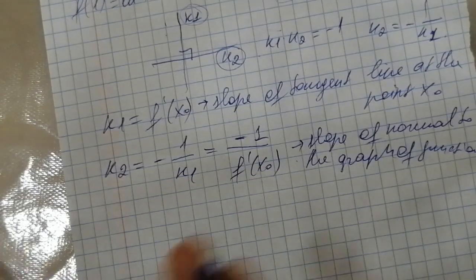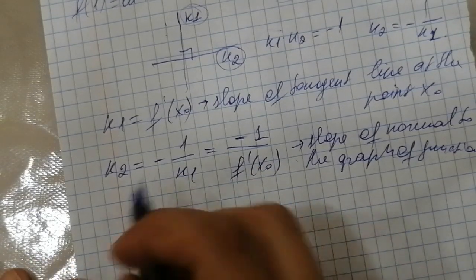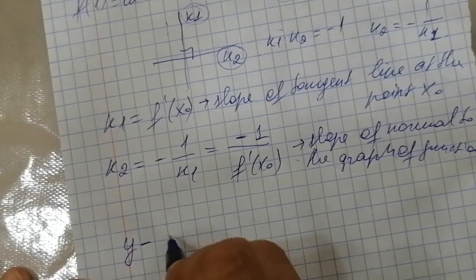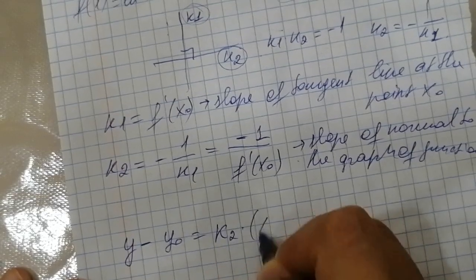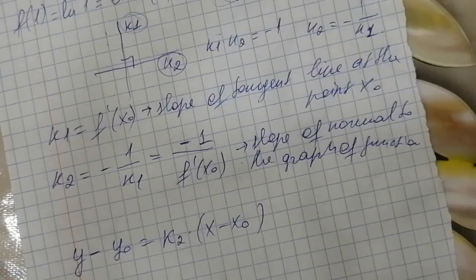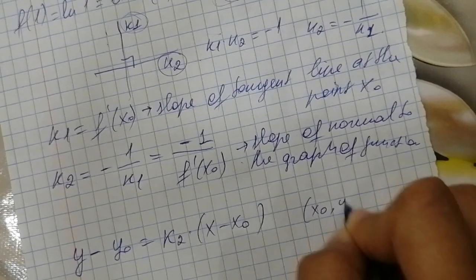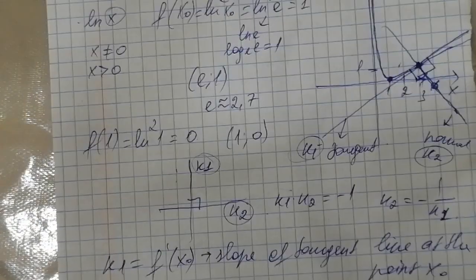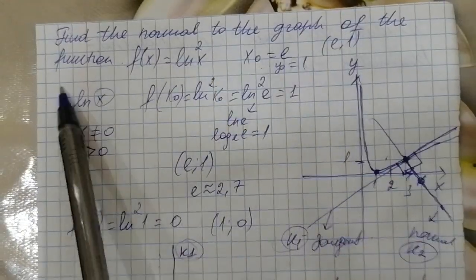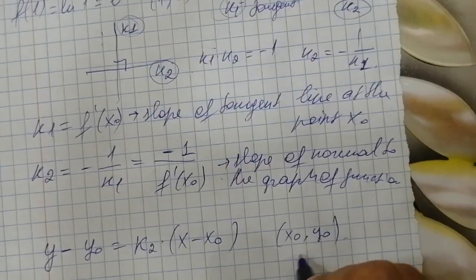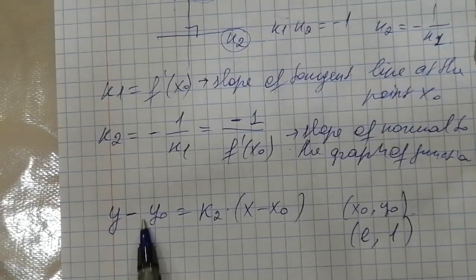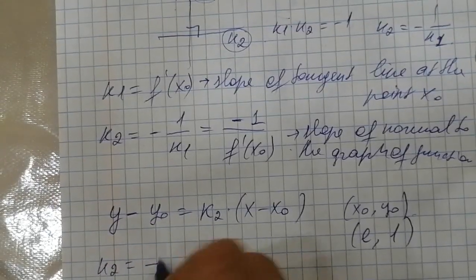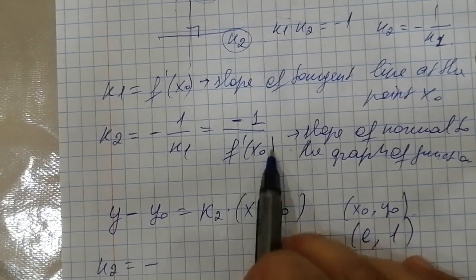We're going to use this formula: y minus y0 is equal to k2 times x minus x0. Here (x0, y0) is the point at which we have to find the normal to the graph of the function. We see that x0 is equal to e and y0 is equal to 1, which we found earlier. Now k2 is equal to negative 1 over the derivative at x0.